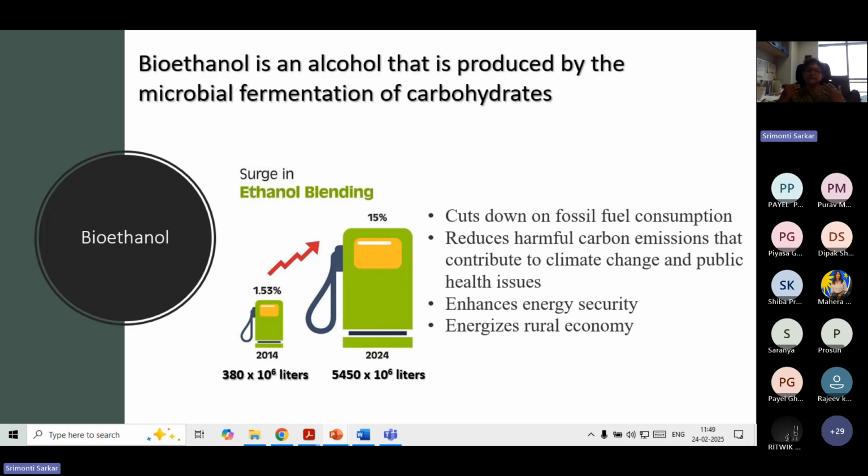Besides lowering our fossil fuel consumption, besides reducing carbon emissions that contribute to climate change and also to health issues, and besides enhancing our energy security, making us more self-reliant in terms of the energy that we produce ourselves, there's an added benefit that we enjoy as a country located in the tropics.